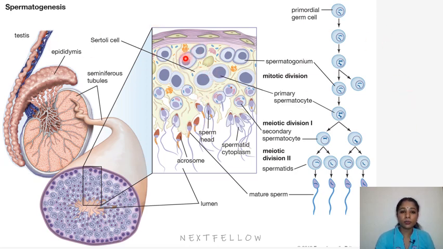Here in this image we can see the sequential way the spermatogonia form primary spermatocytes, the primary spermatocytes divide to form secondary spermatocytes, the secondary spermatocytes further form spermatids, and spermatids turn to form spermatozoa by spermiogenesis.